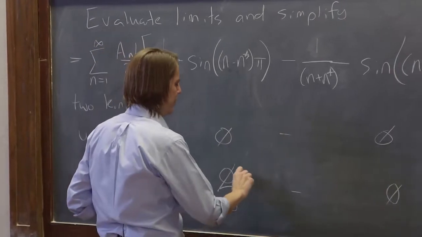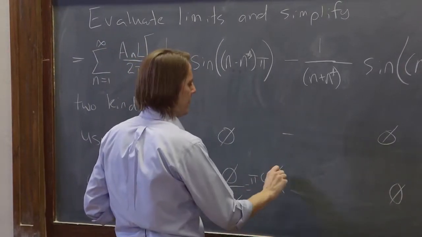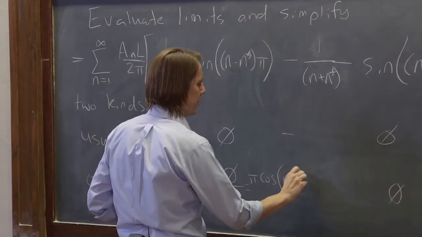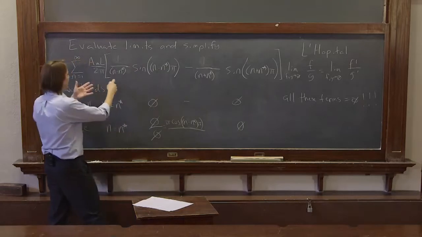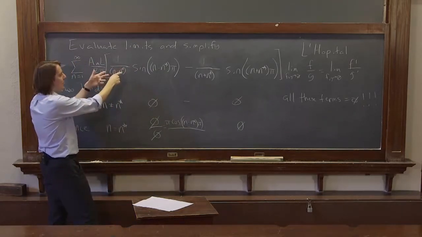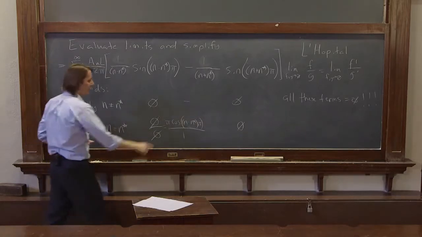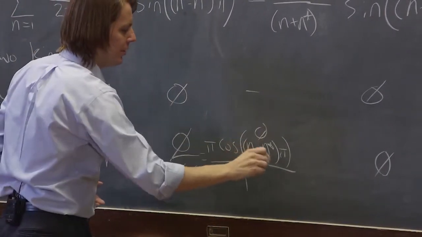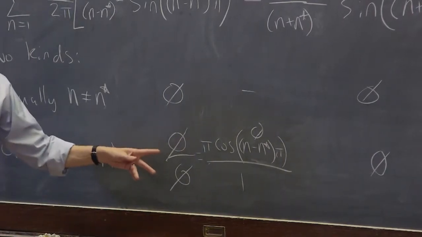So this is equal to pi times the cosine of n minus n star pi over, and the derivative of, if we think of this as the independent variable n minus n star, is 1. And if you plug in 0 for your n minus n star, then cosine of 0 is 1, the whole thing is just pi. So this term, 0 over 0, in this case, is pi.